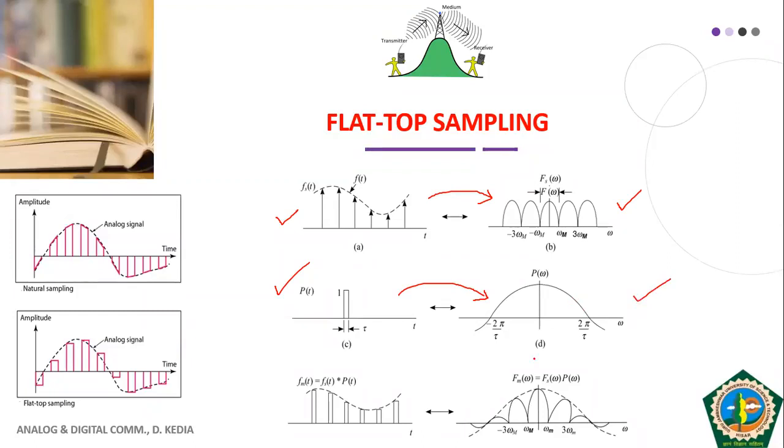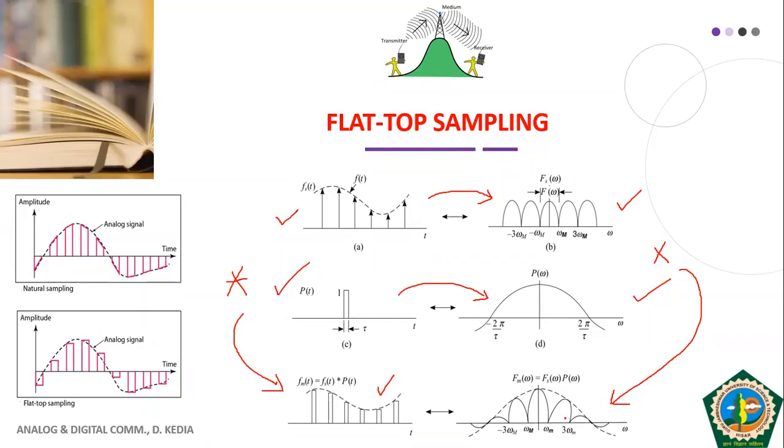And then I told you that your flat top sampled PAM signal is actually the convolution of these two. The convolution of these two in time domain gives us flat top PAM signal. So when we have convolution in time domain, we have multiplication in the frequency domain. You already know the convolution theorem of Fourier transform. So if we multiply these two signals, this is what we get.